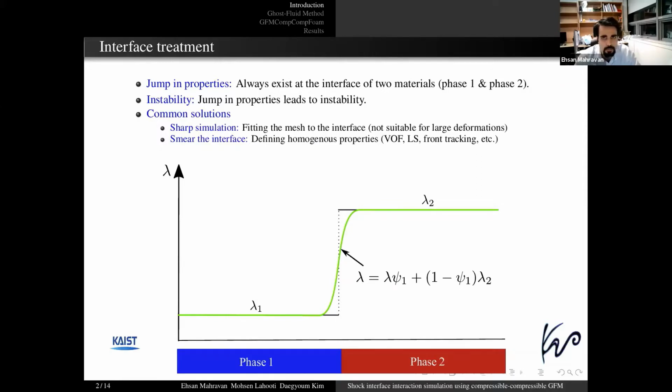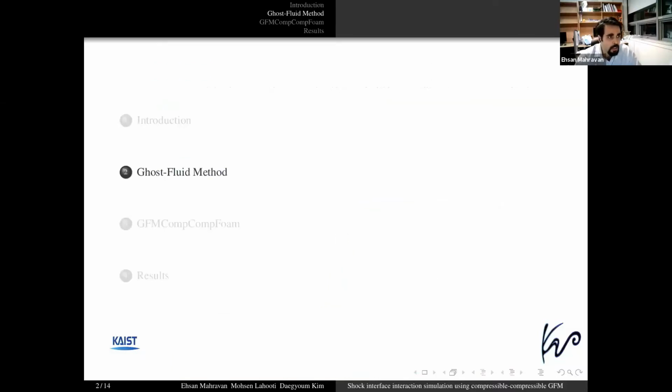So we are smearing the interface and lose accuracy. Another approach is the ghost fluid method, which lets us deal with large deformations and complex shape changes and yet have a sharp simulation.